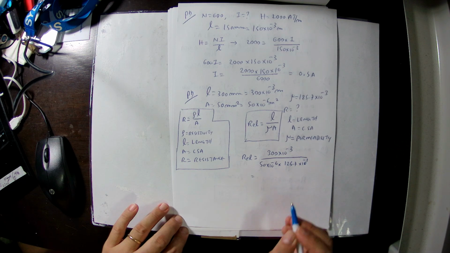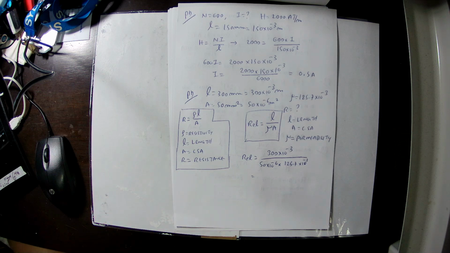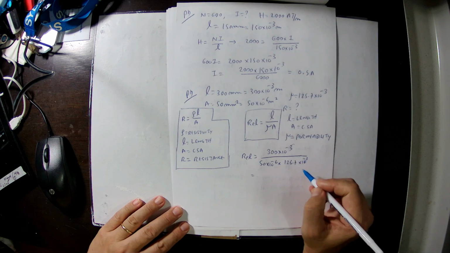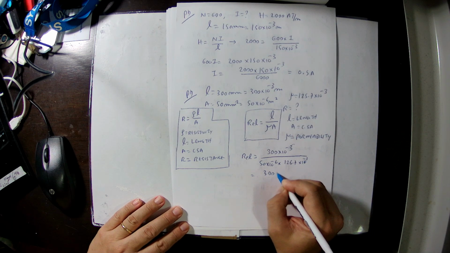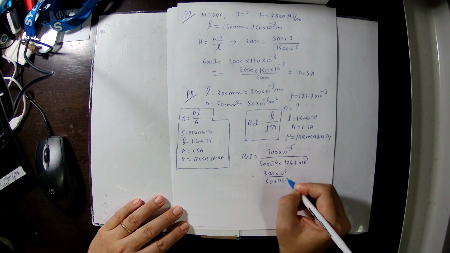So this one we are solving. These terms cancel, so 300 into 10 power 6 divided by 50 into 125.7.